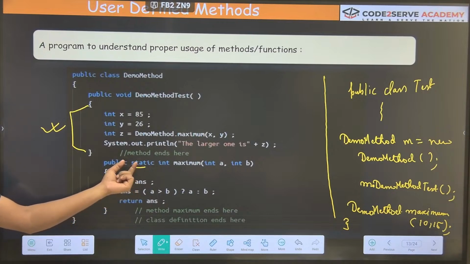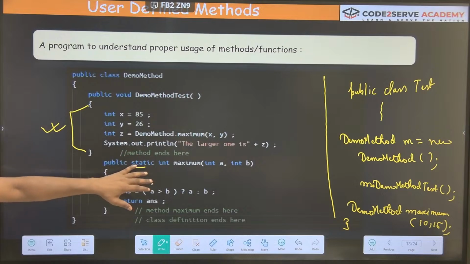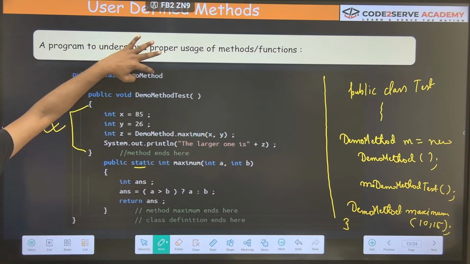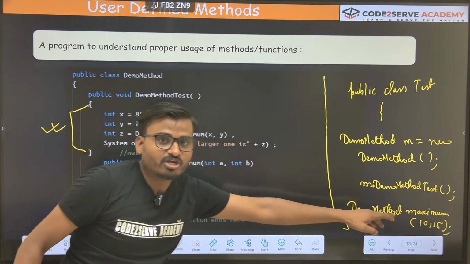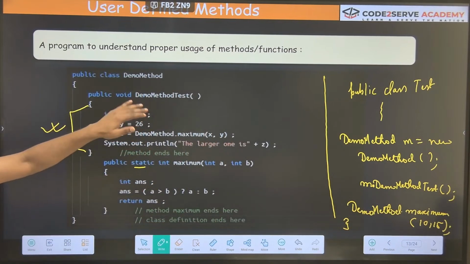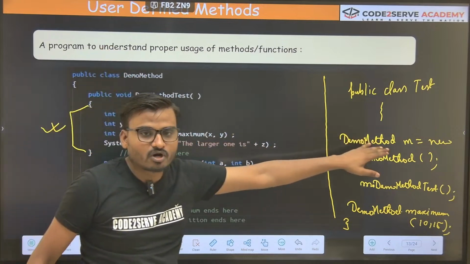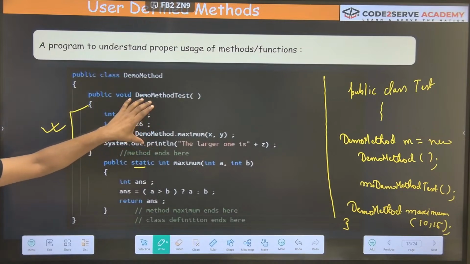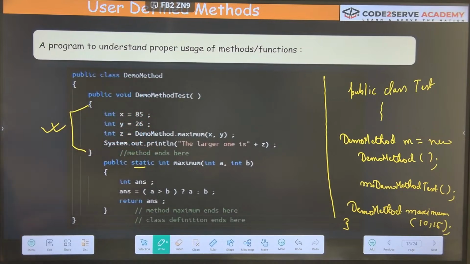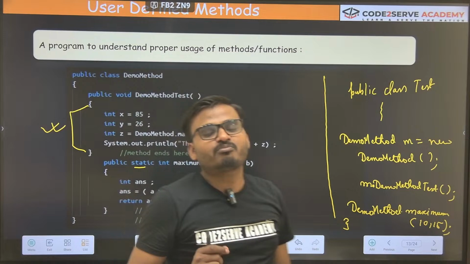That is why in whichever method static is written, you can directly use the class name dot method name. If static does not exist, then you have to create an object first, then using that object, you can call this method. So this is what you have to keep in mind.